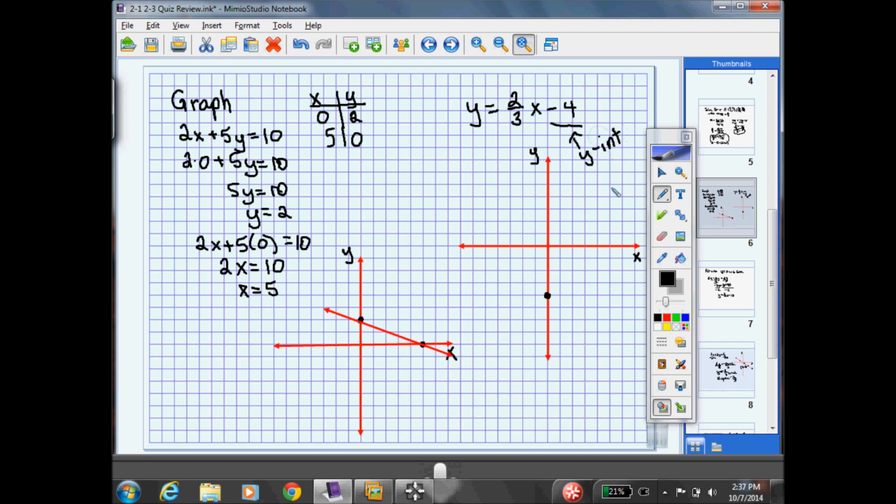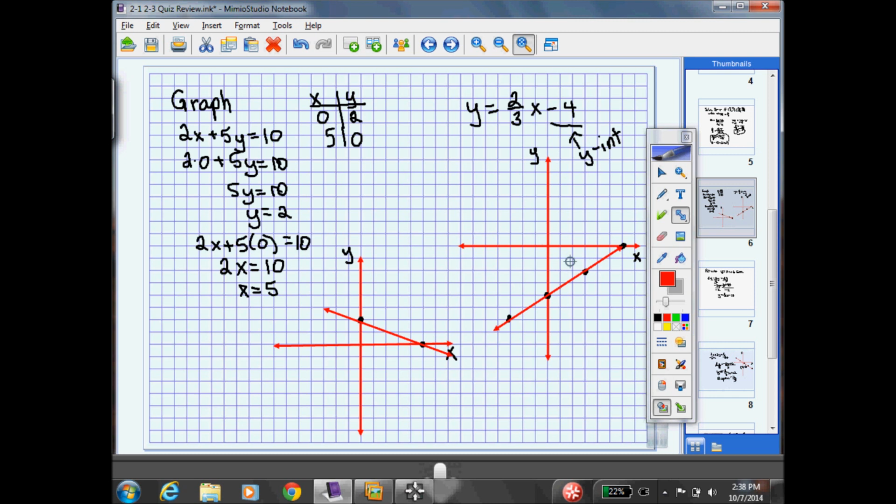And then what do you do with the 2/3, Terrence? Up 2 over 3. We can go down and left. We can do another up 2 over 3. Now this one's convenient because it would have a convenient x-intercept, but sometimes they're fractions, so it's just easier to do that way.